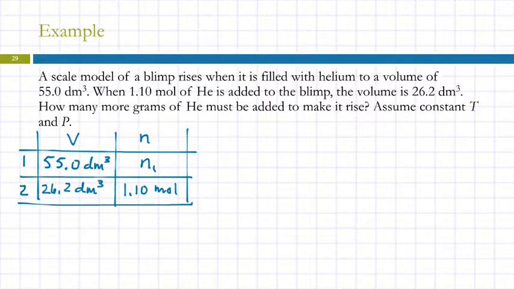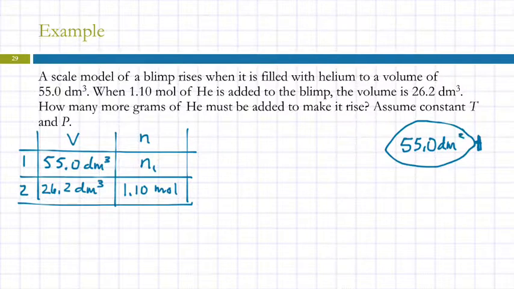So here's my blimp. It looks like a football, so we'll put a little propeller thing on the end there. When it's floating, like it is right now, 55.0 cubic decimeters. Right now, it's sitting on the ground.